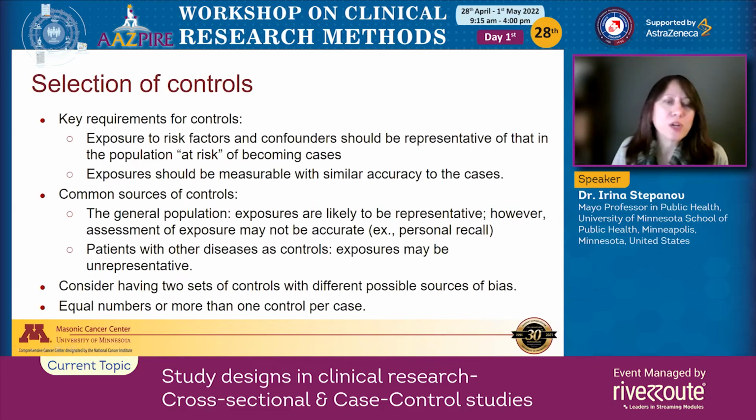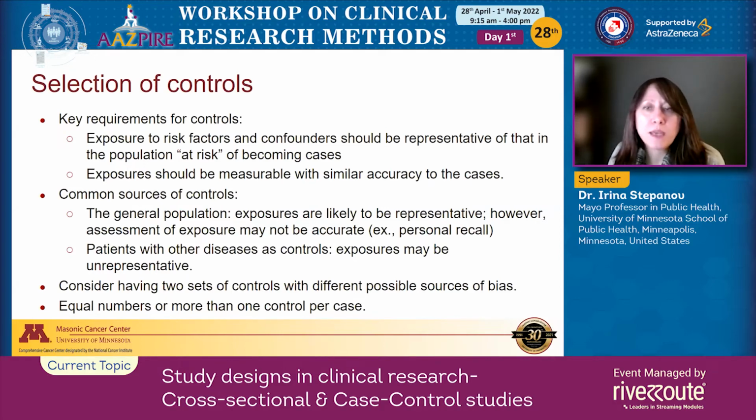Key requirements or thoughts on selection of controls. So we talked about cases. It's usually not too difficult to obtain a suitable source of cases, but selecting controls tends to be more problematic. Ideally, controls would satisfy two requirements. Within the constraints of matching criteria, if you have matching criteria, you want their exposure to risk factors and to confounders be representative of the population that is at risk for becoming cases.